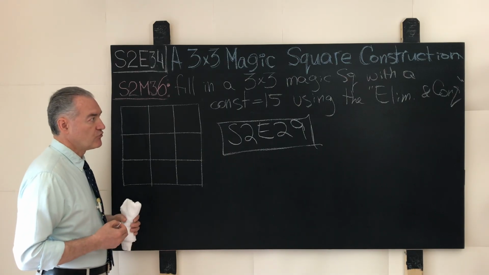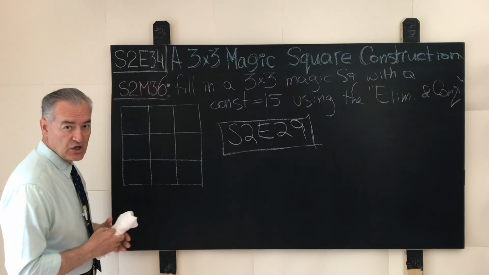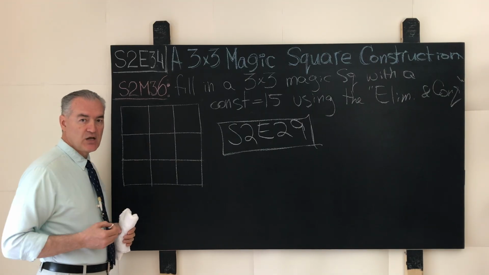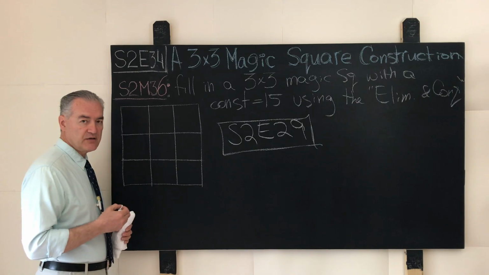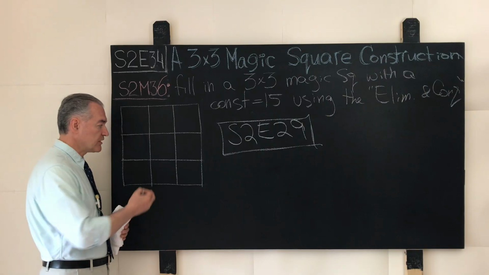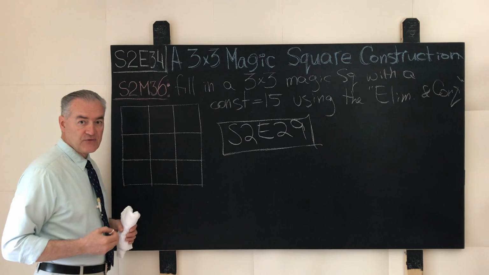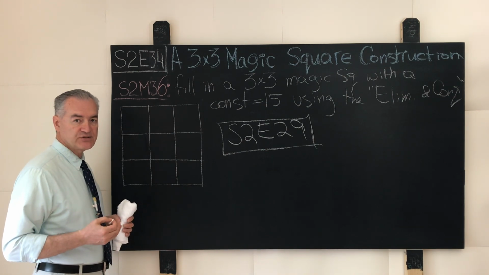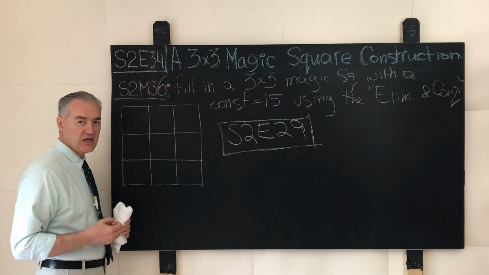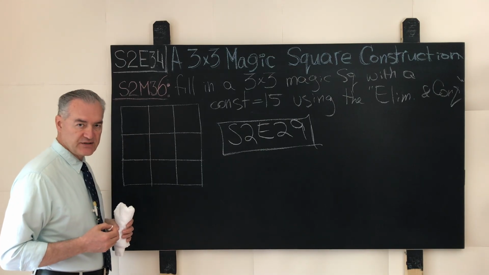In other words, for the duration of the solution of the mathematical problem S2E34, we will pretend that we do not know anything about the existence of the algorithm due to Bechet, and we want to hear the story behind how we can fill out a 3 by 3 magic square with a constant 15, not in a haphazard way, hoping to get lucky and hoping that somehow and eventually things will work out, but in a way that has some mathematical sanity behind it.